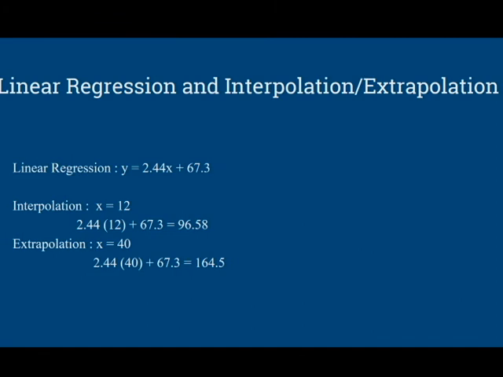Then for the extrapolation, let x be equal to 40. Then we got the value of 164.9, meaning if a student lives 40 kilometers from school, he probably wakes up 164.9 minutes before the first class. However, extrapolation is less accurate than interpolation because it is outside of the data.